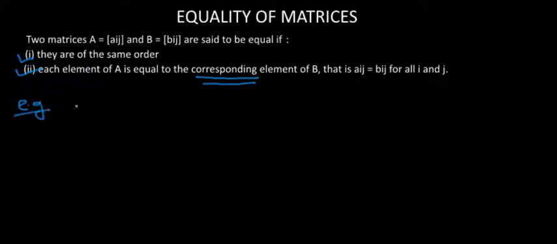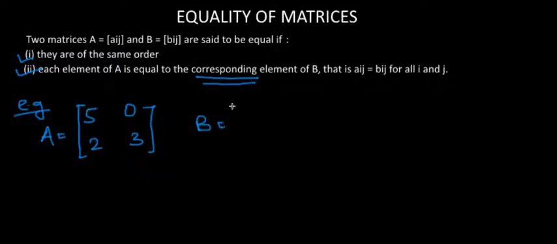So for equality of matrices, let us consider an example like I am having 5 0 2 and 3. Okay, so this is my matrix A and I'm having another matrix B which is again 5 0 2 3. Okay, so here we'll see whether these two matrices are equal or not.